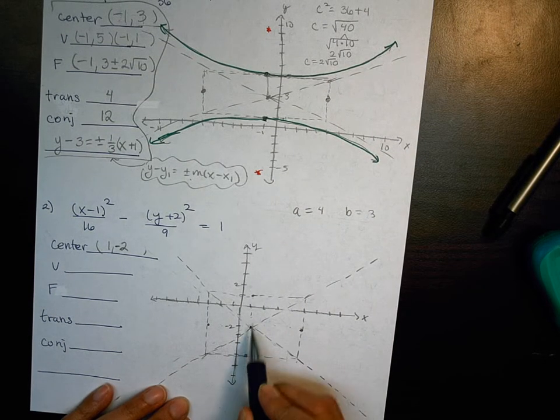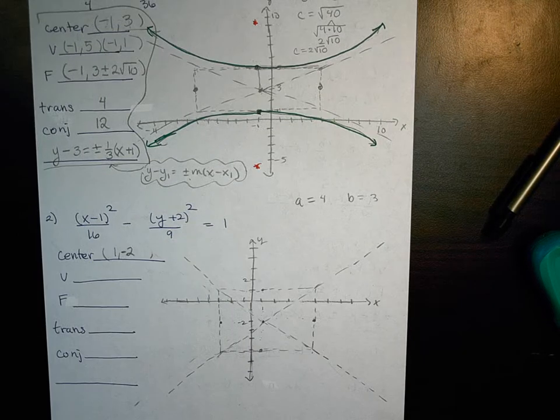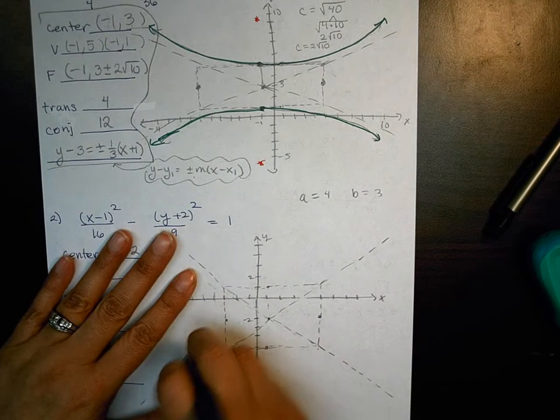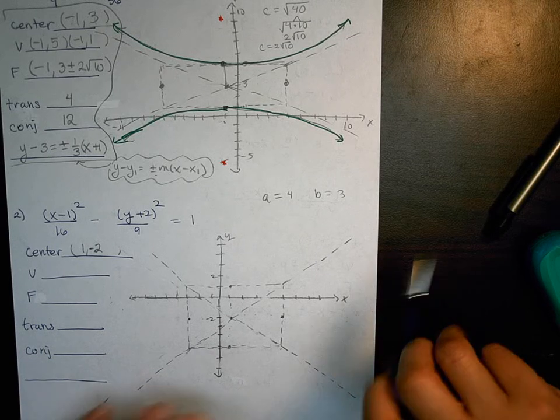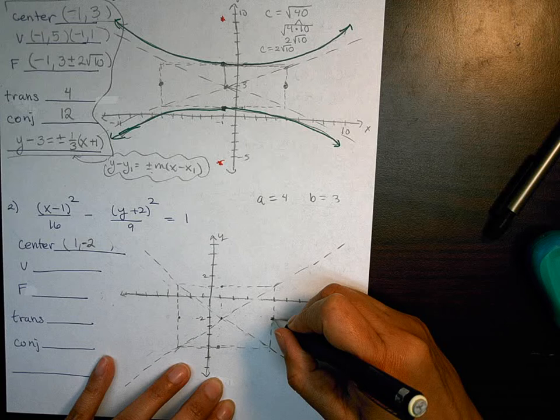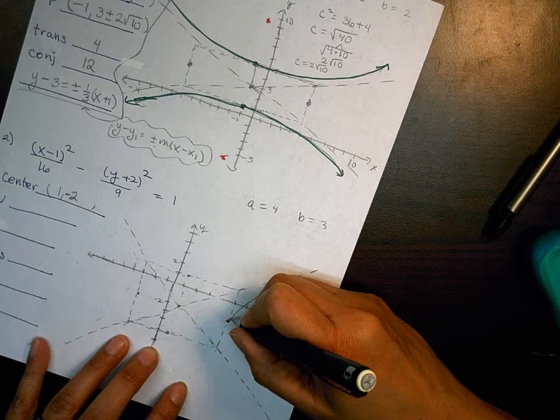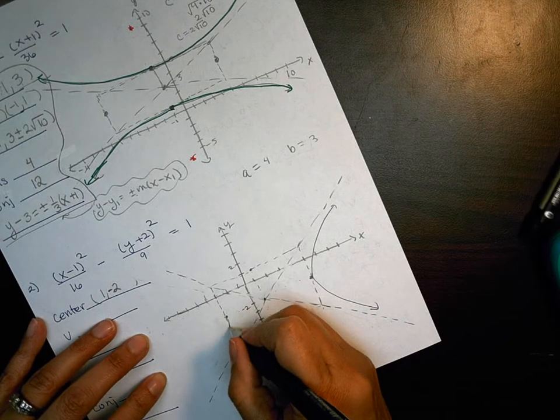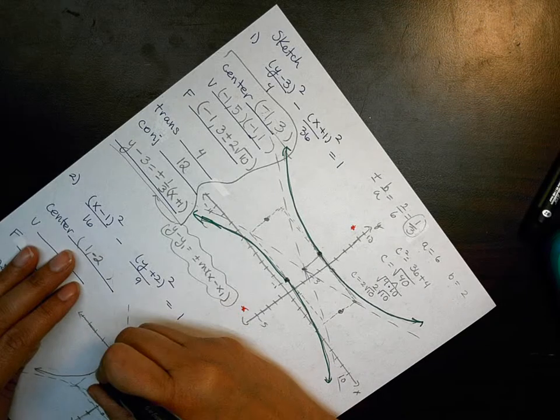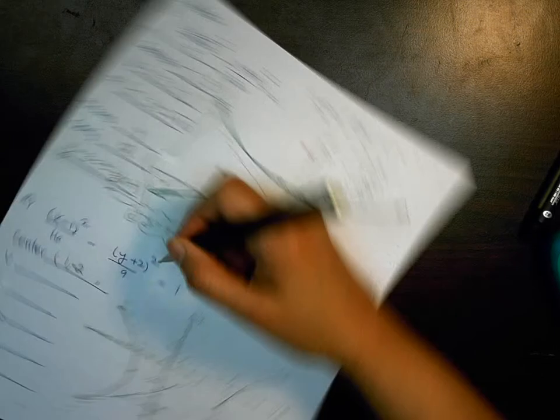Okay. Did you graph it already for your right and left? If it's opening right and left, which way are the vertices running? Right and left or up and down? Right and left?